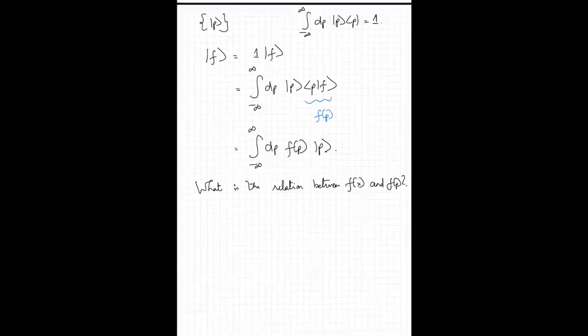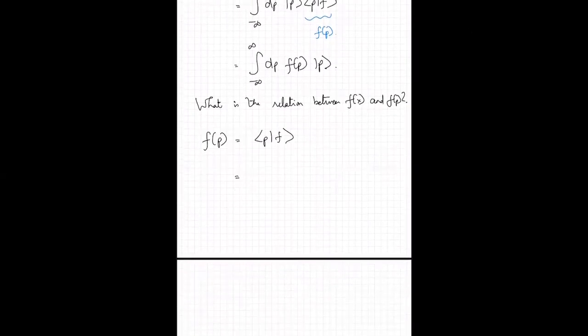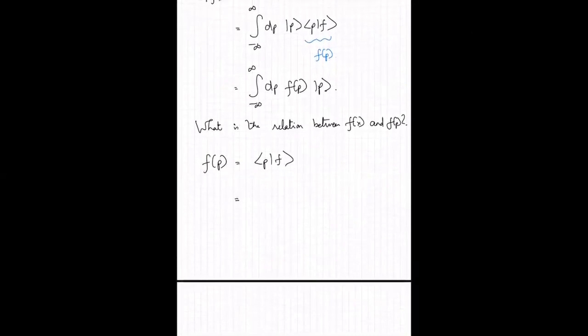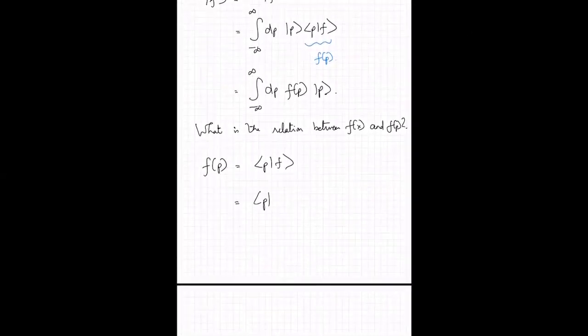So I'll start with f(p), let us say, which is equal to <p|f>. That is our definition, right? Now in this, I will insert a complete set of states between p and f. So I'll write this as <p|1|f>, and I will write this as <p| integral from minus infinity to infinity dx |x><x| |f>.